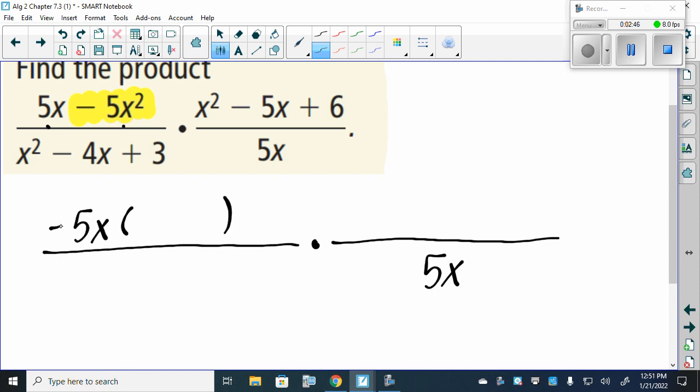Now, when we factor the negative 5x out, our first term is 5x, because the 5x would factor out completely, and it would normally leave us with 1. But this time we factored out a negative 5x, so it's not going to leave us with just 1, but negative 1. We'll switch it so that the x is in front in a minute, but we'll factor out the negative first.